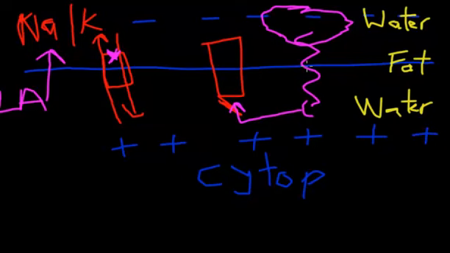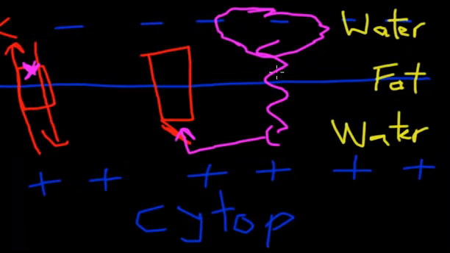But for just an instant, as it tries to pass through the cell membrane, it has to be fat soluble, because otherwise it can't get through this fatty wall that makes up the cell membrane. So this is true.